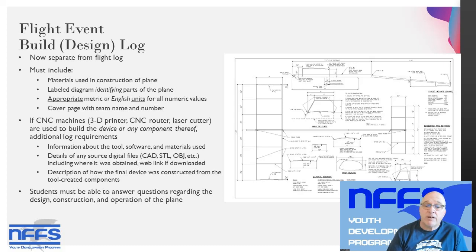Now, if these parts come in a kit, like laser cut ribs in a kit, or a 3D printed prop hanger in a kit, you don't have to include this part of the log, according to FAQs last year. If you do print your own, cut your own, route your own with your own tools, you need to provide information about the tool and the software and the materials used.